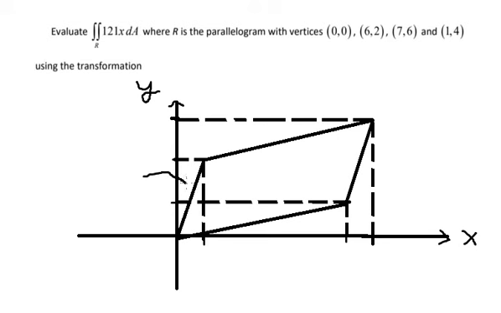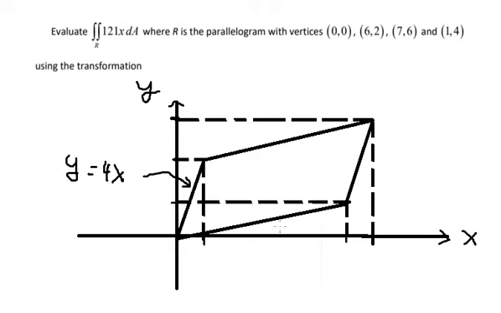So for this one, very simple. When x equals 0, y equals 0, so we have the point 1, 4. So that means we have y equals 4x, because when we put x equal to 1, we have y equal to 4.